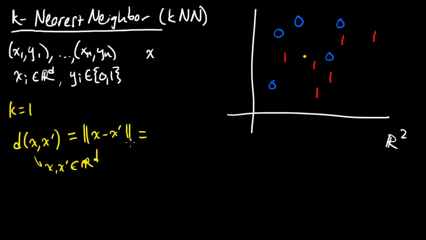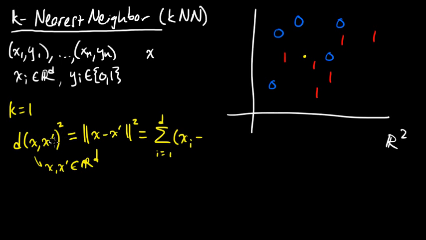If we square it, then the formula is a little bit simpler. It's the sum as k goes from 1 to d of the squares of the individual components of the differences.